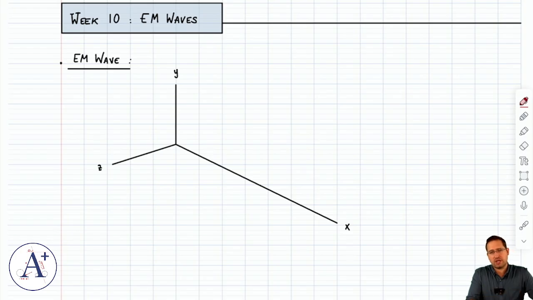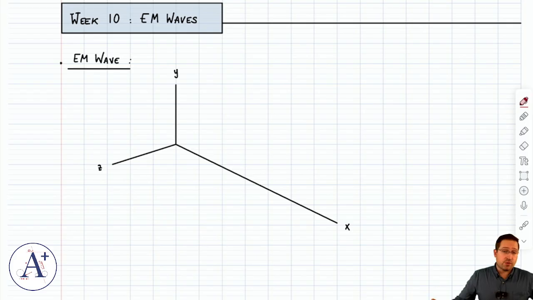It turns out with it, I get an induced electric field as well. And so a varying magnetic field creates an electric field. And then Ampere-Maxwell says that a varying electric field creates a magnetic field. So in other words, an electric field, if it varies with time, will induce a magnetic field, but then if the magnetic field varies with time, it will induce an electric field, and so on and so forth.